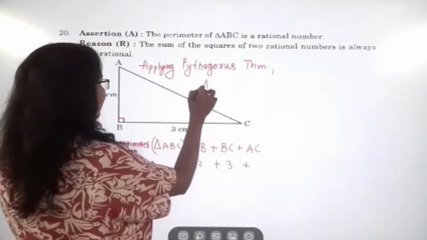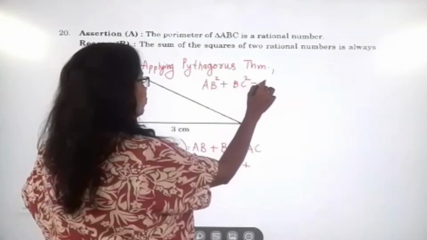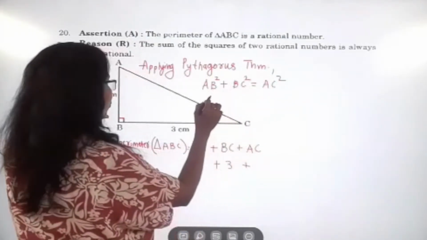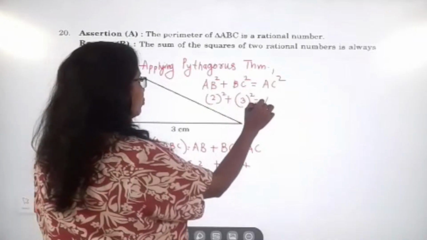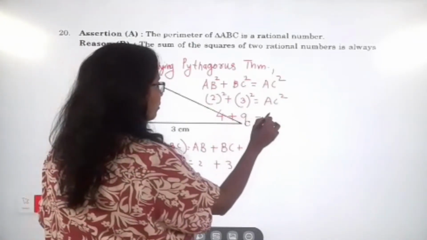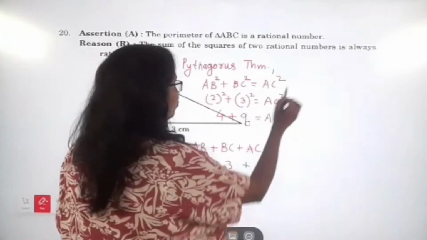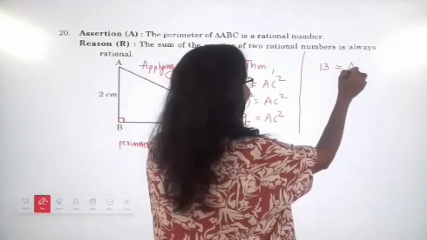So here AB square plus BC square is equal to AC square. Students, square of 2 plus square of 3 is equal to AC square. So that means 4 plus 9 is equal to AC square, which means 13 is equal to AC square.